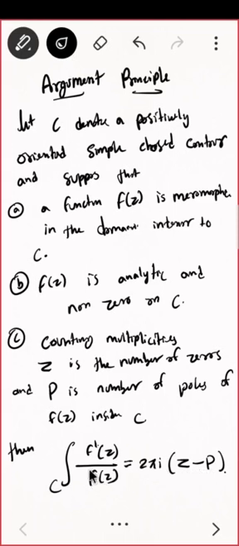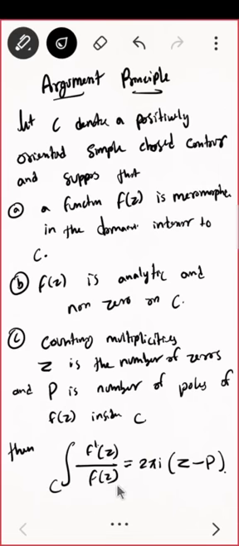For your function f of z, you just need to calculate the number of zeros counting multiplicities. That is, if a zero is repeating 3 times, then it will be counted as 3 zeros. If a pole is repeating, then you have to count that also. So to do any integration of this form, you have to do this.